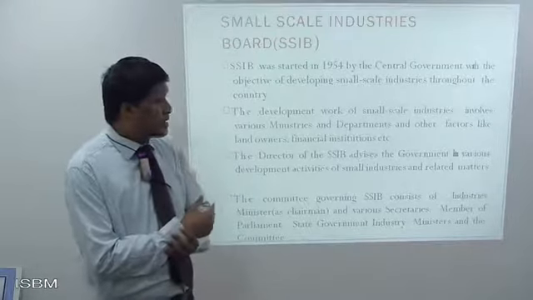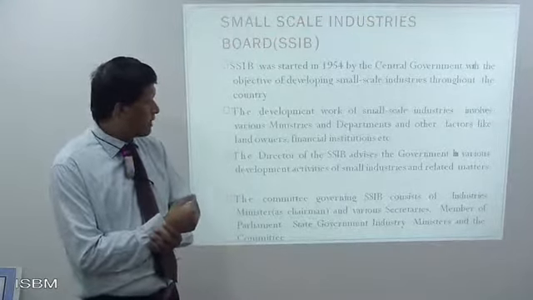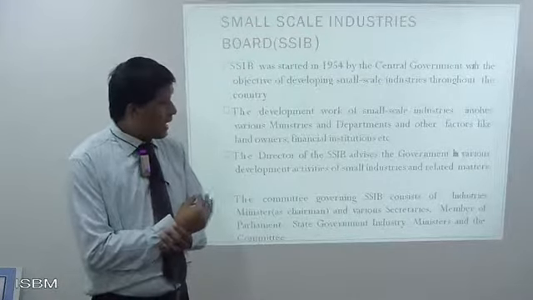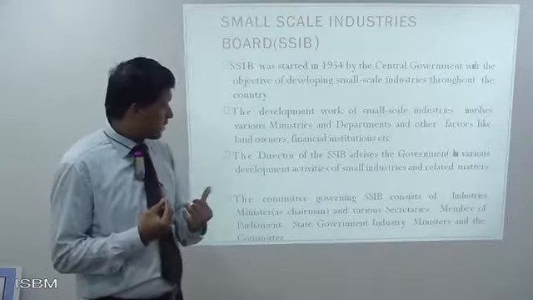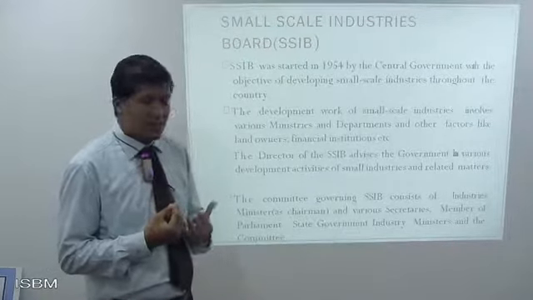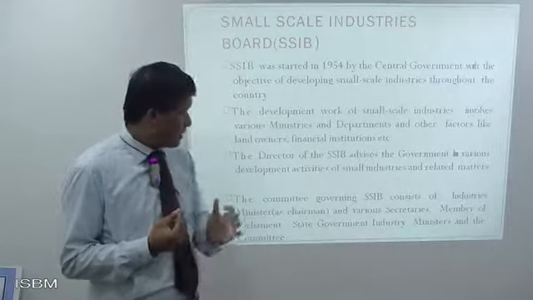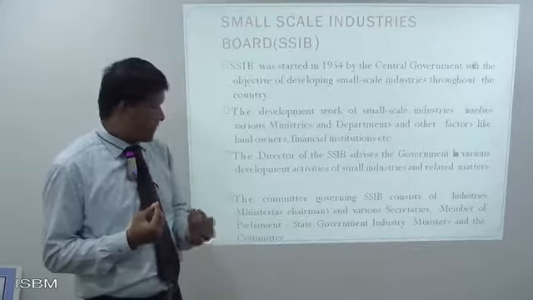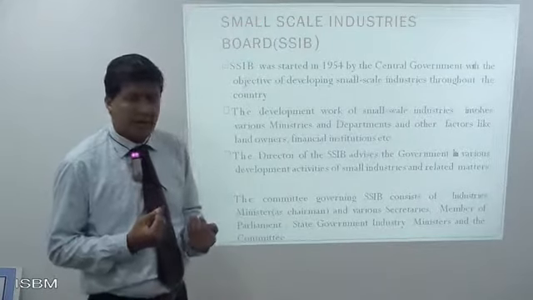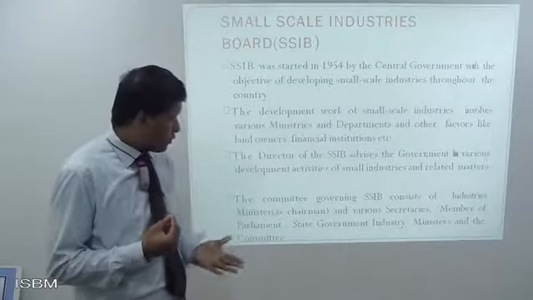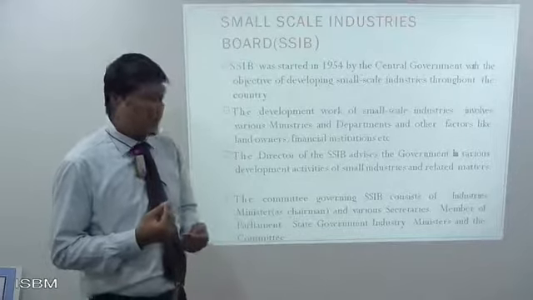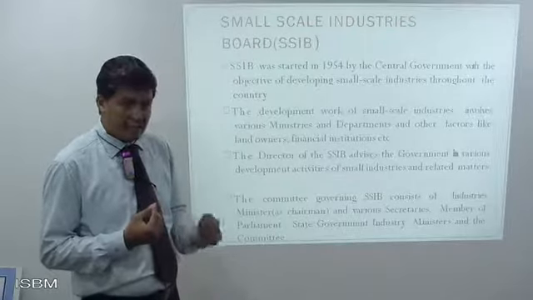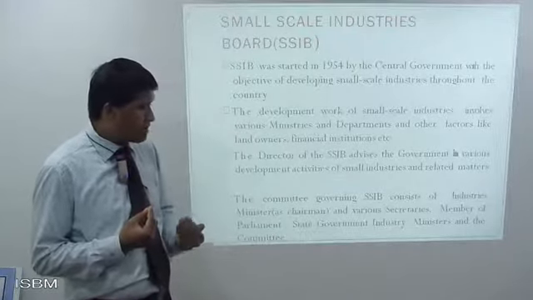The development work of small scale industries involves various ministries and departments and other factors like financial institutions. The Directorate of SSIB advises the government on various development activities of small scale industry related matters. And the committee governing SSIB consists of industry ministers, various secretaries, members of parliament, state industry ministers and committee.